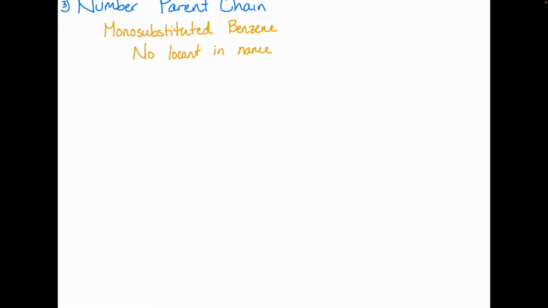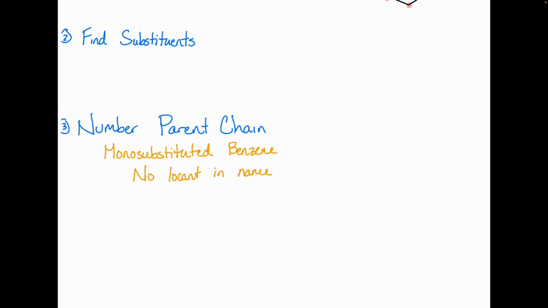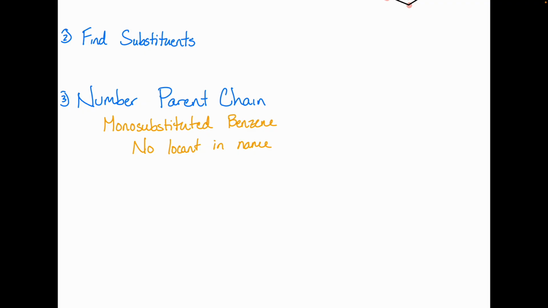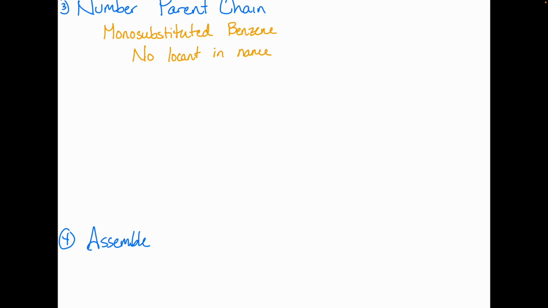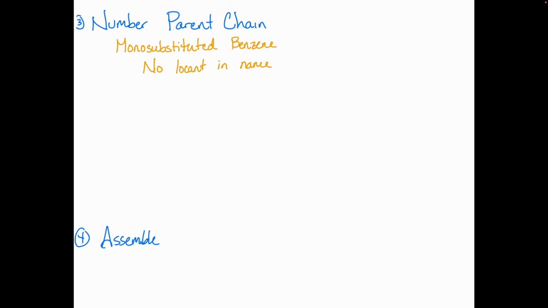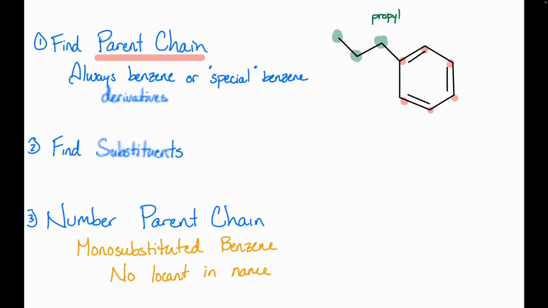All right, I'm going to leave a bunch of space here under our numbering of our parent chain. That's going to be the thing that's a little bit trickier, at least a little new to us here in this particular chapter. So then lastly, you just put it all together. Okay, so this thing here would quite simply be propyl benzene.